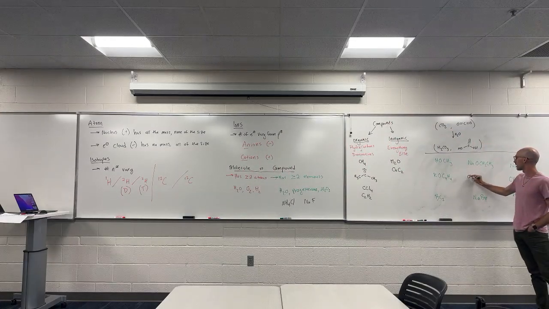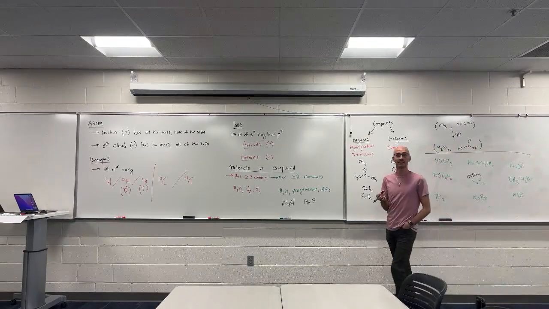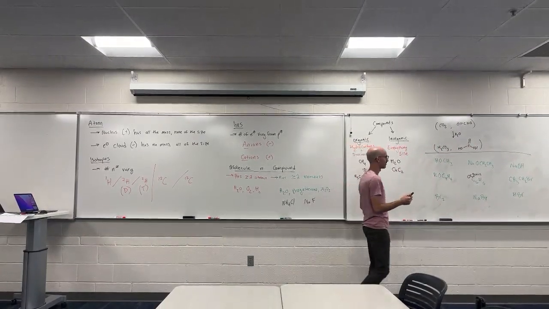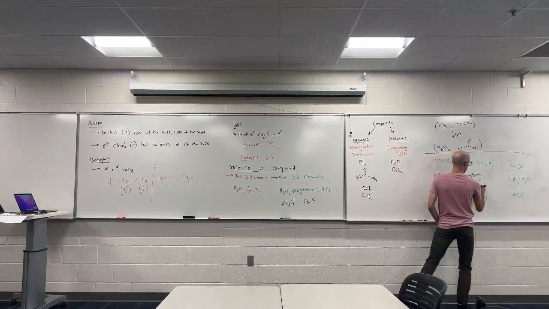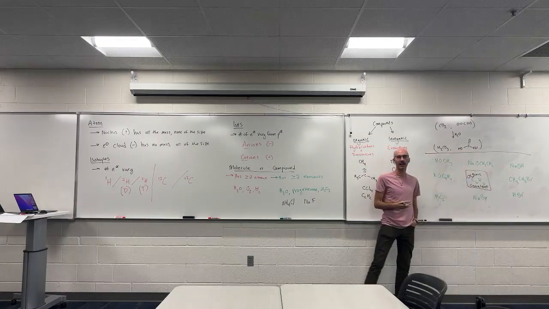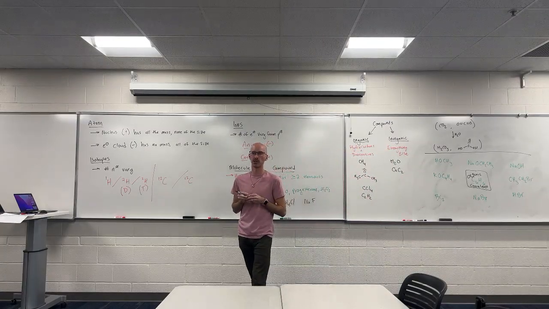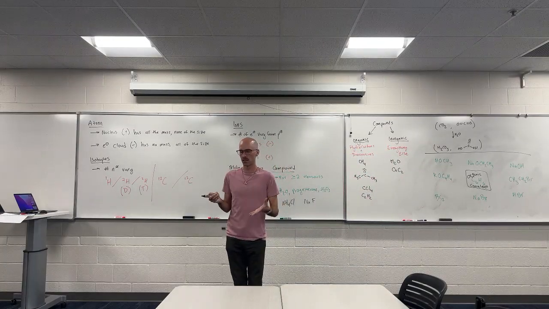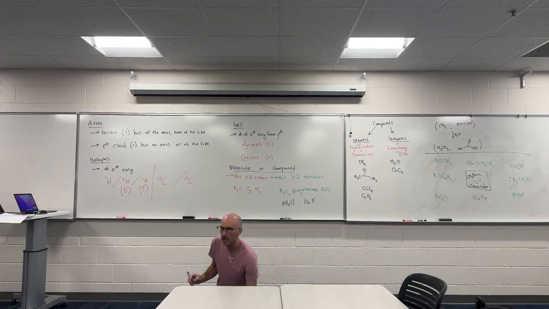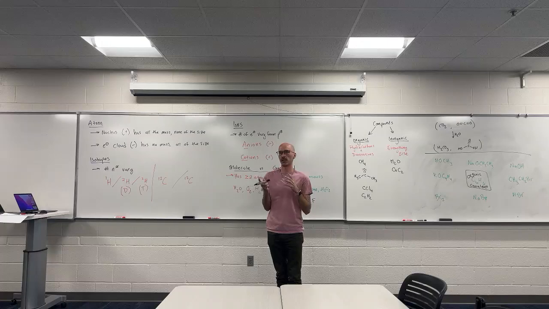And is it ionic or covalent? Covalent. Good. Non-ionic. So we could say organic molecule. We could also say organic compound. It's a little confusing. Molecule maybe is the only one that doesn't suggest that it could be an ion.